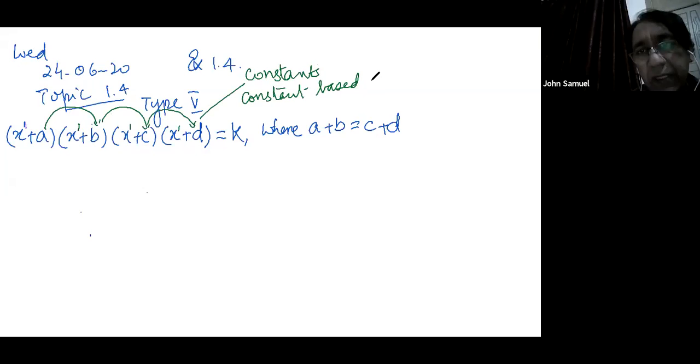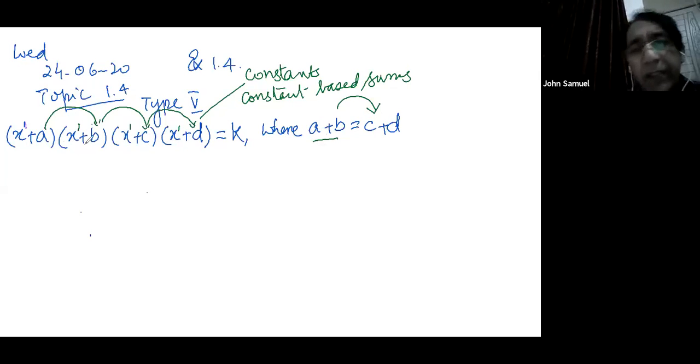Very important thing I'm telling you: if we take 2 of these constants a, b, c, d on one side, the other 2 must be equal to that. If we are taking any 2 from the linear factors, the other 2 must be equal to that.